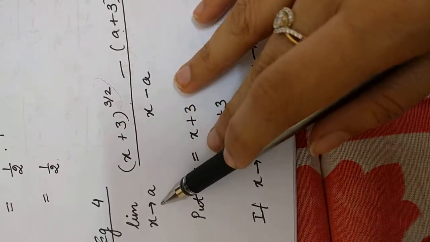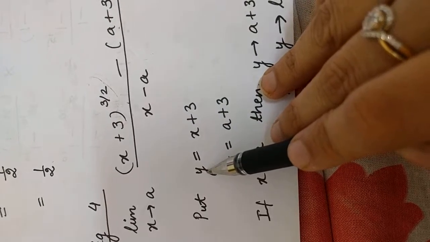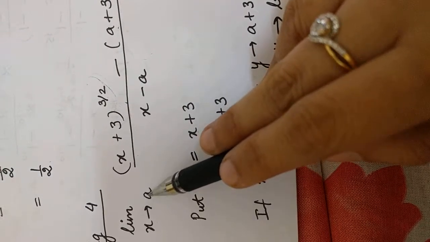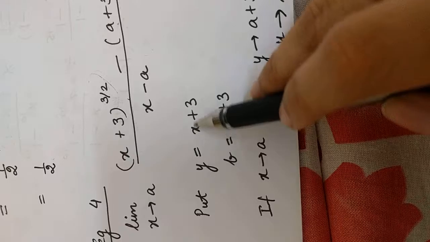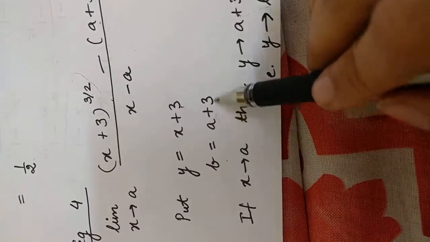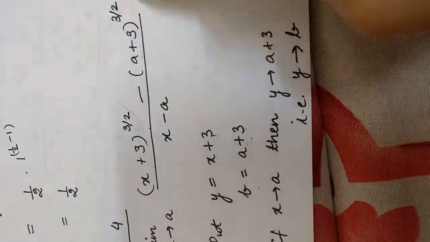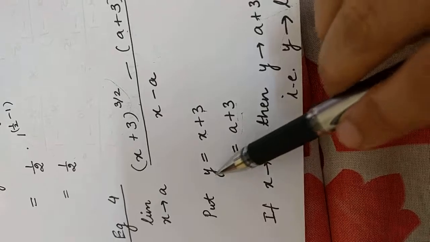If x tends to a, then substituting x with a, y will tend to a plus 3, and a plus 3 is b. So we will try to break this whole expression in terms of y and b.